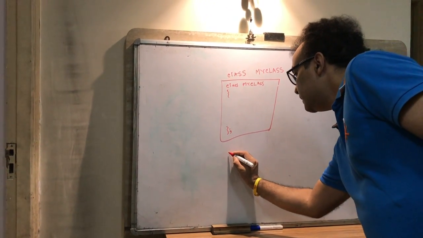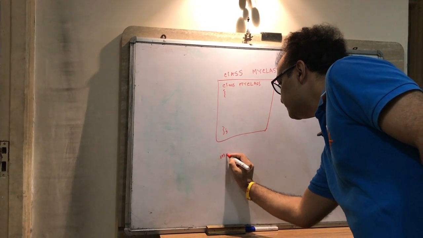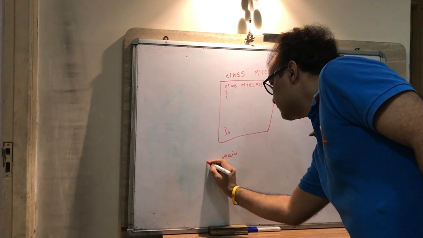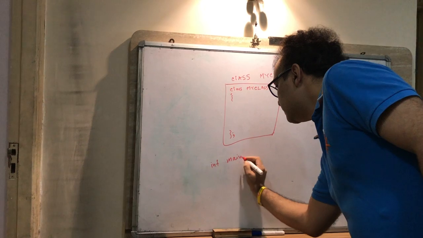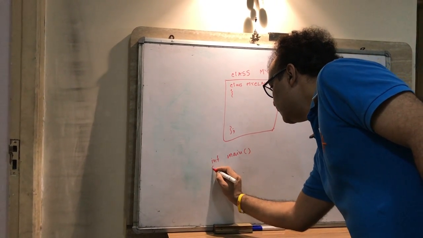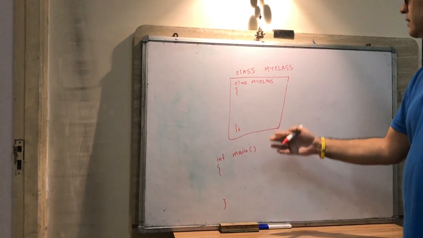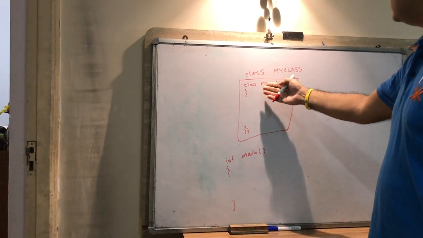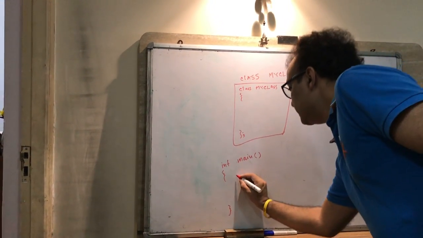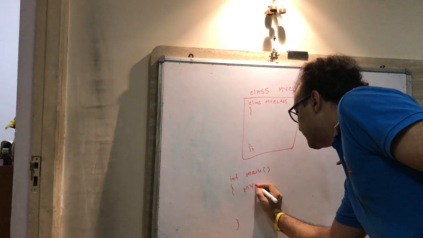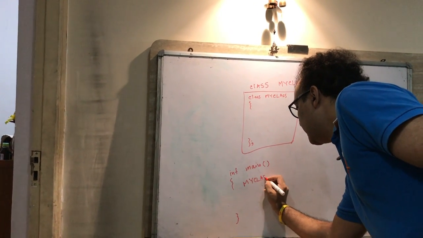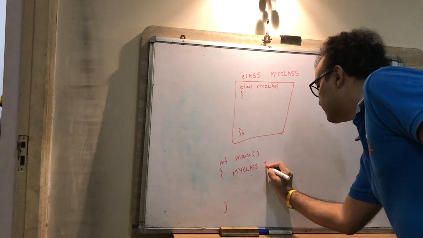And we have a main function which basically creates an instance of the class. So if my class is MyClass, then we write this as MyClass and create an instance.